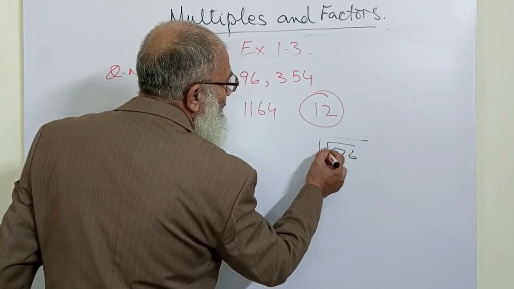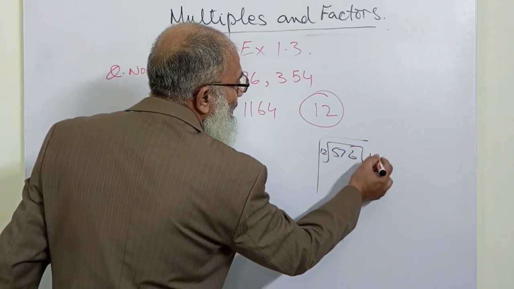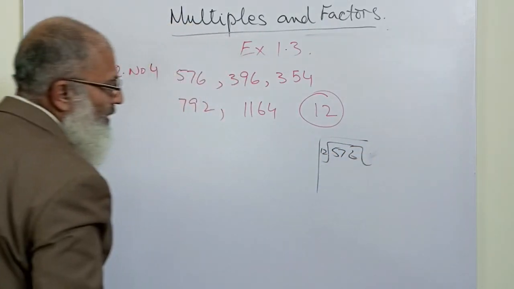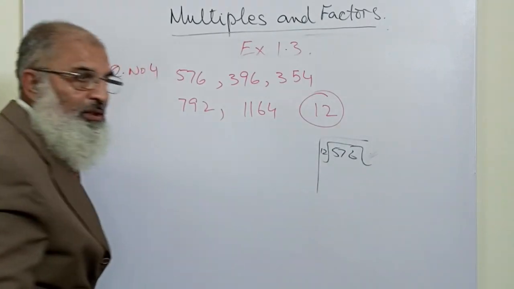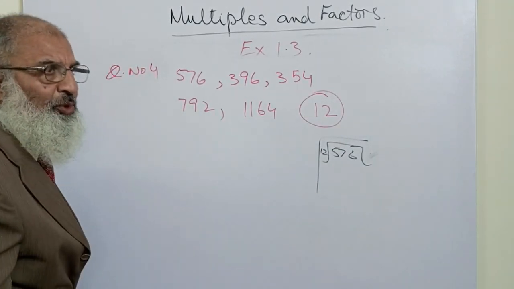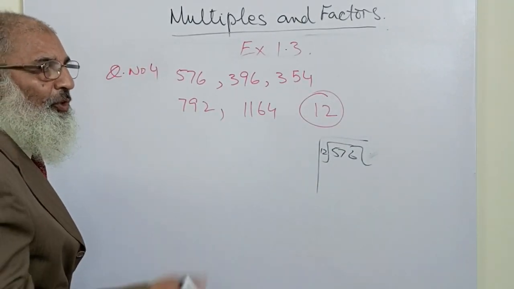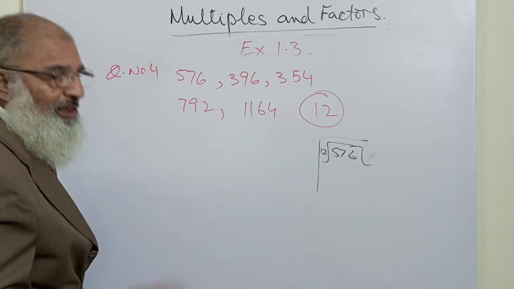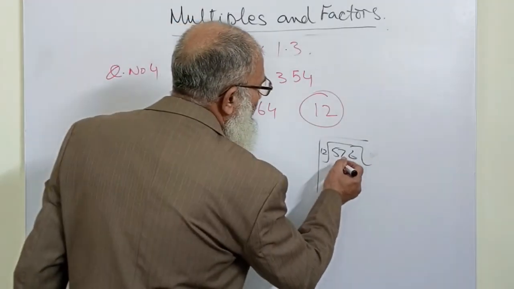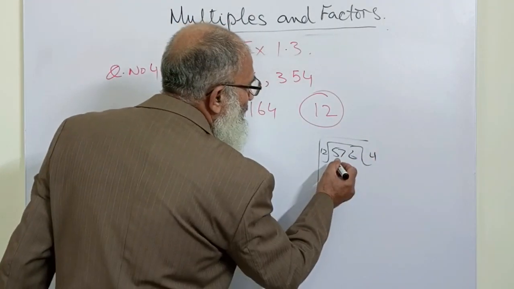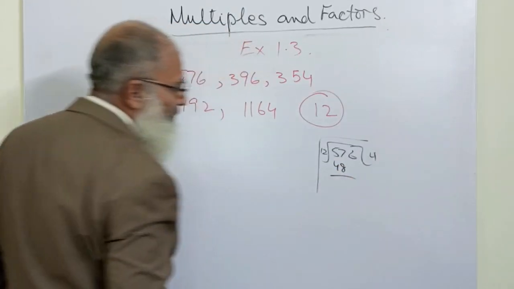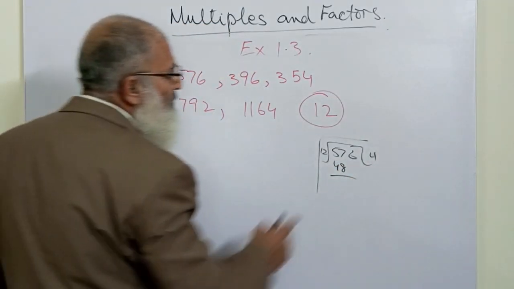756, 12. 12 1 times 12, 2 times 24, 3 times, 4 times, 5 times 60, and it will go for 48. So what comes?